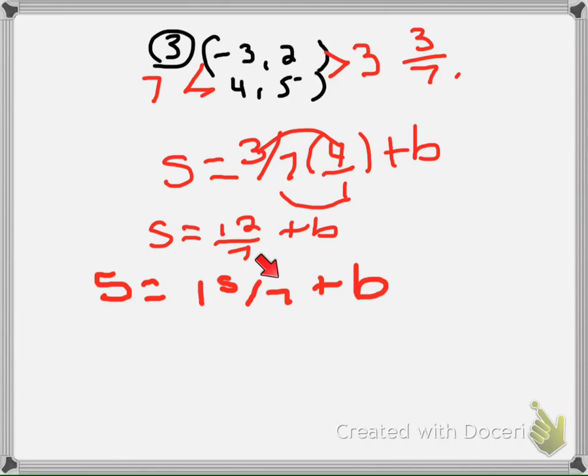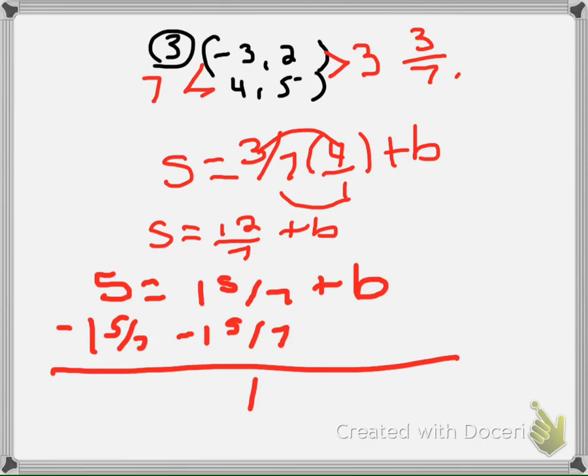Okay, how do I get the b by itself? Subtract 1 and 5/7. b equals, okay, if I was doing 5 take away 2, I would get 3, but I'm only taking 1 and 5/7, so I'm going to get 3 and 2/7 as my answer.